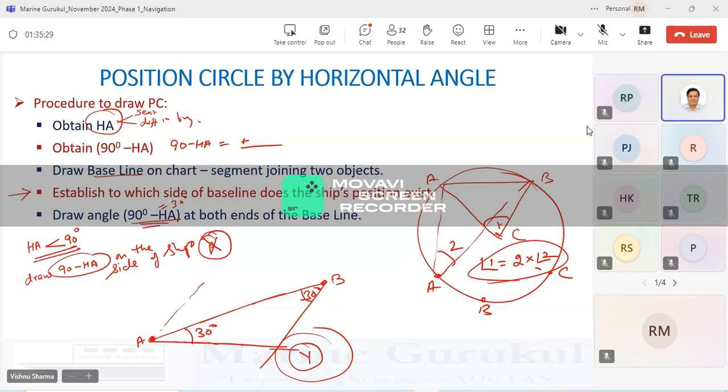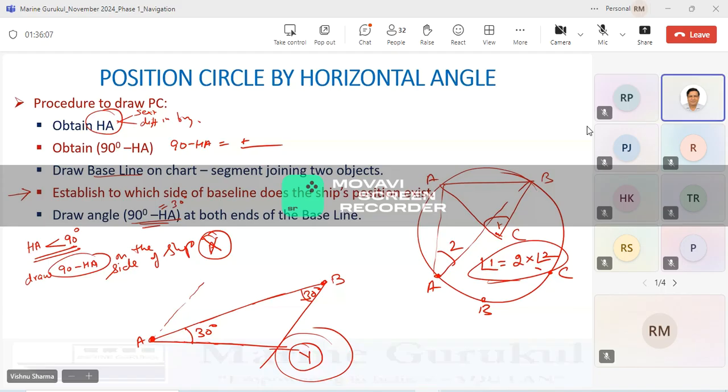I repeat, when is 90 minus horizontal angle positive? When horizontal angle is less than 90. So if it is positive, it will be drawn on the side of the ship. On whichever side of the baseline the ship is, you will draw this angle on that side.